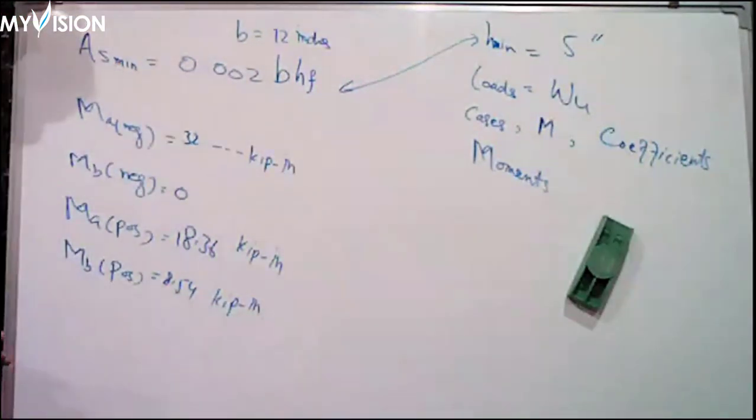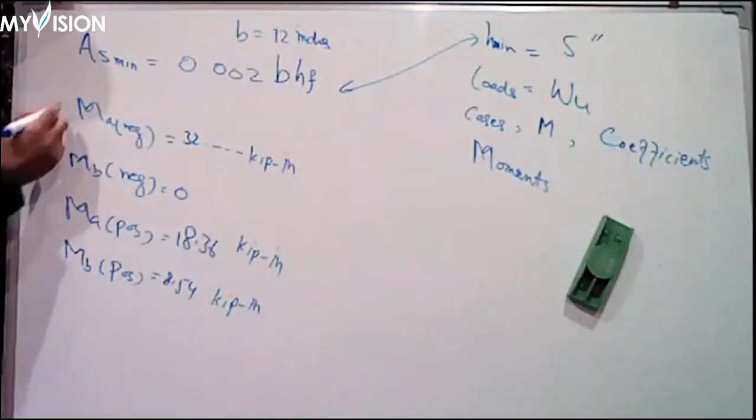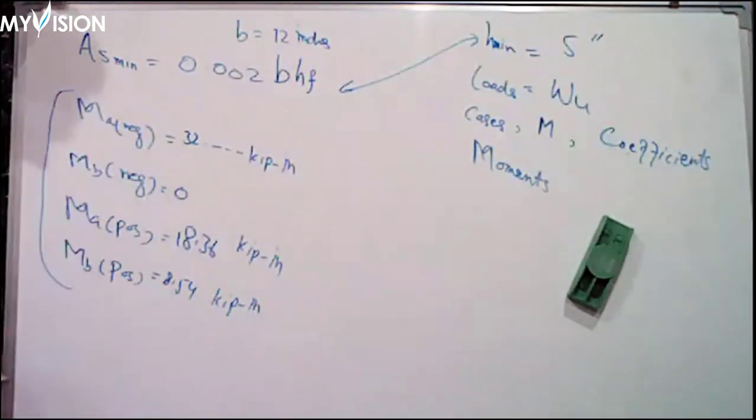Now the question arises, how can we calculate the area of steel by using these values?